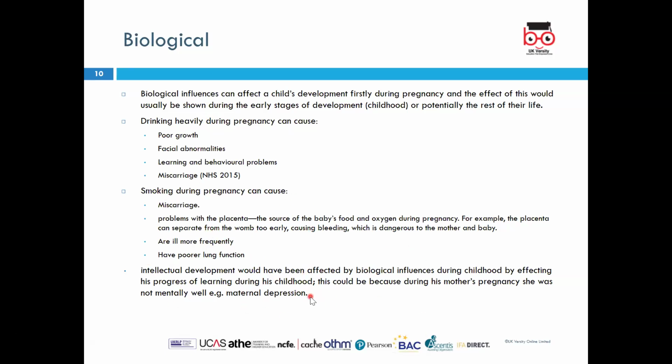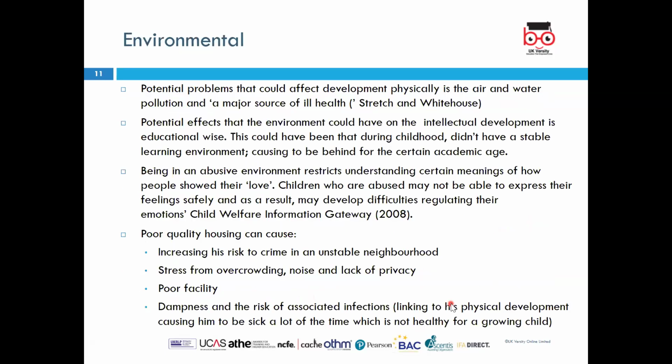Intellectual development can be affected by biological influences during childhood, by affecting the child's progress of learning. This could be because during their mother's pregnancy, she was not mentally well, had maternal depression, for instance.